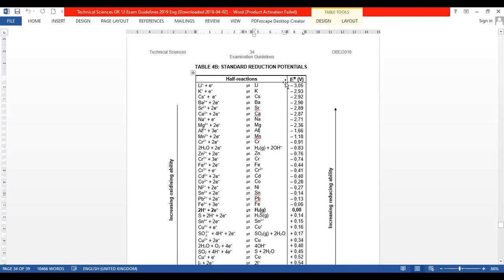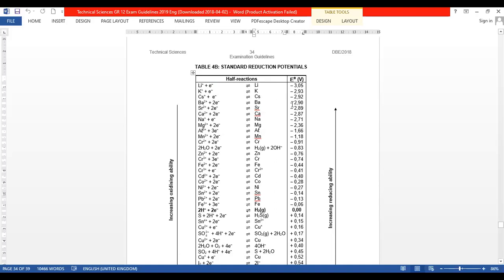And the lithium will be the one that undergoes oxidation altogether. So the potassium ion would undergo reduction, and the lithium atoms of the electrode would undergo oxidation. So remember this.